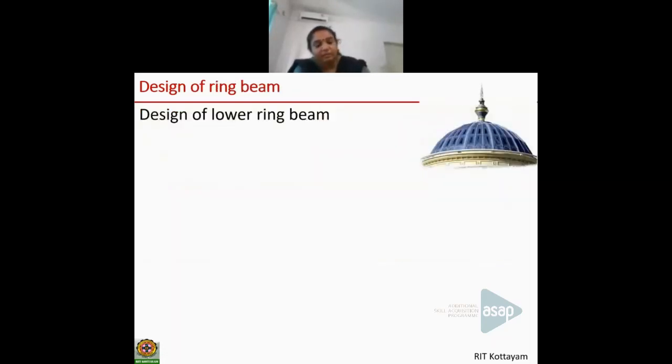Next, we will move on to the design of the ring beam. So what is the necessity of providing a ring beam? I said in the last class, if it is not a semicircular dome, a semicircular dome is actually the dome generated by rotating a semicircle.